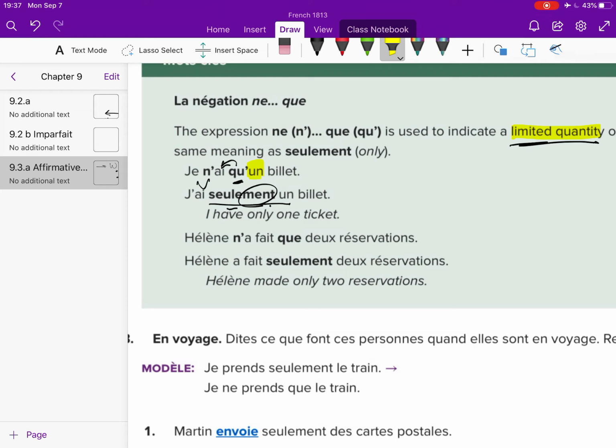The que usually will go right before the thing that's being limited. So oftentimes we would put our pas right here, right in between our first verb and our second verb in the passé composé. But your que is actually going to go right before the thing that you are limiting in quantity. So it's whatever it is. It can be a quantity of something, or it can actually be a verb.